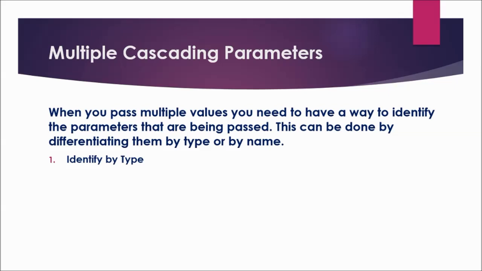If you are passing values with different types such as int and string, for example, the component will know how to match the value to the parameter automatically. Identify by name. When different values have the same type, you have to identify them by a name.